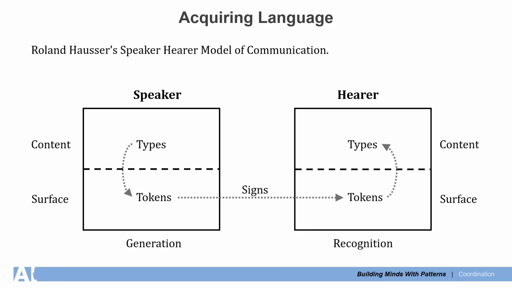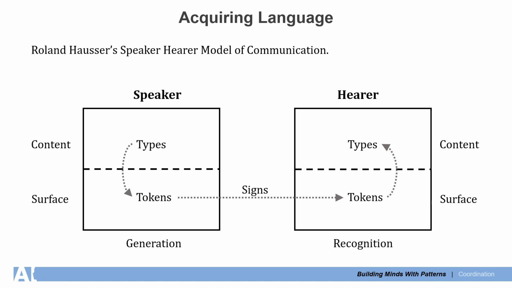Acquiring language. Roland Hausser's speaker-hearer model of communication suggests that a speaker and a hearer communicate. The speaker has content types, and the speaker can generate surface tokens. These surface tokens are transmitted as signs to a hearer.